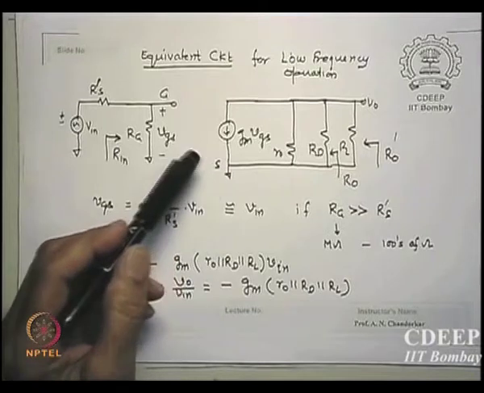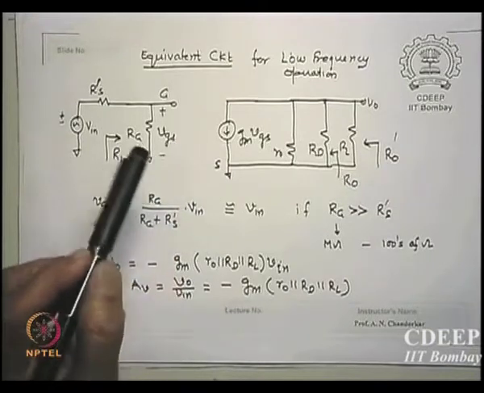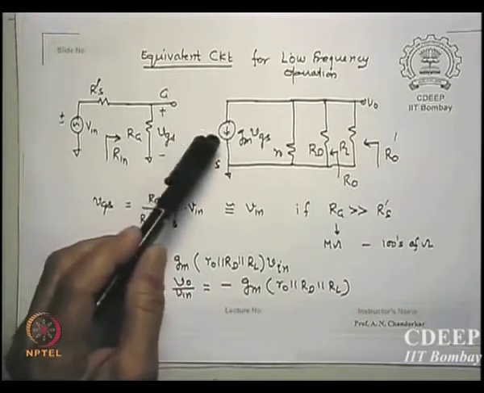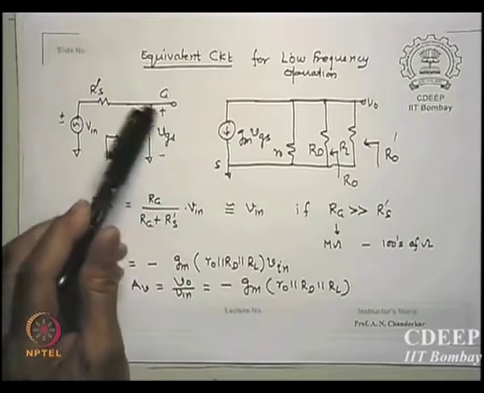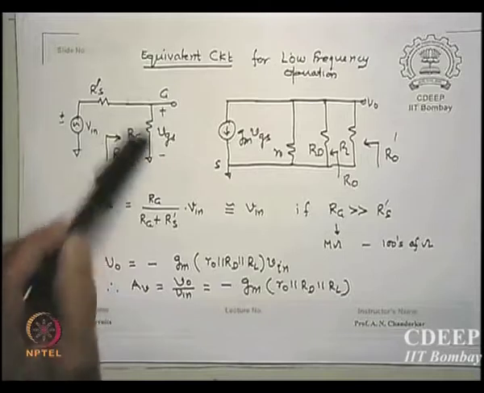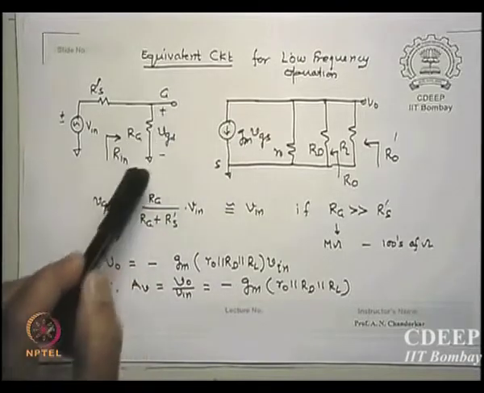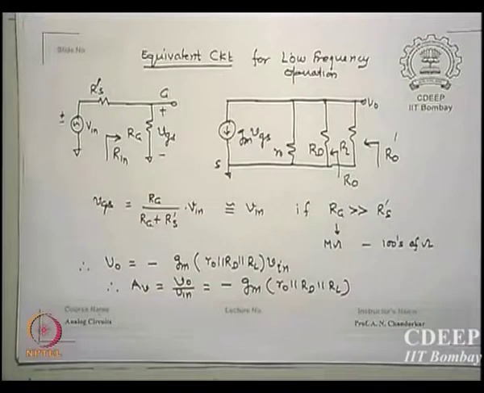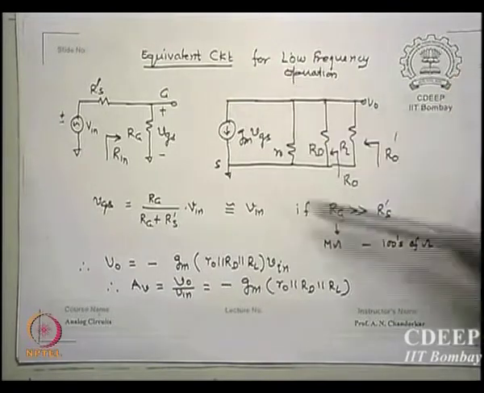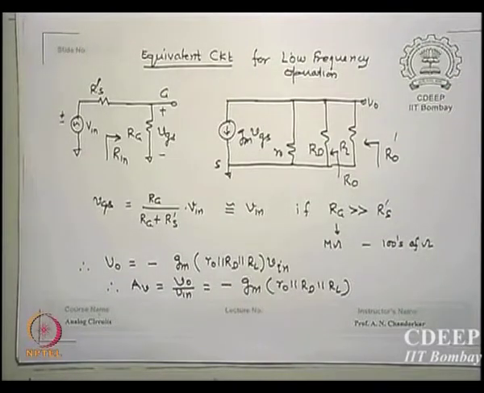Now for the other side, the output equivalent, you can see the output model we have said. Whatever VGS signal appears here at the gate with reference to the source which is grounded, GM times VGS is the current source, shunted by what? R0, which is the output resistance of the transistor.